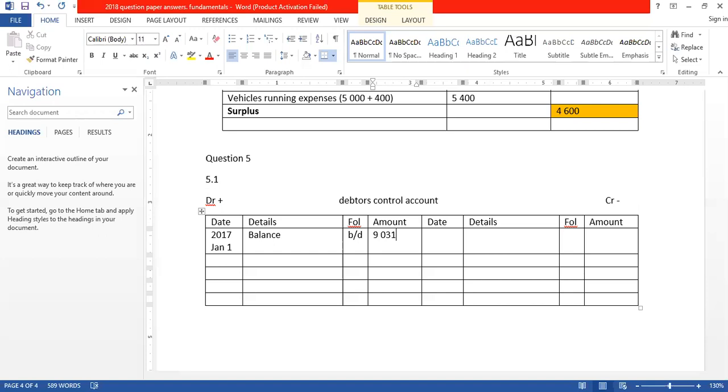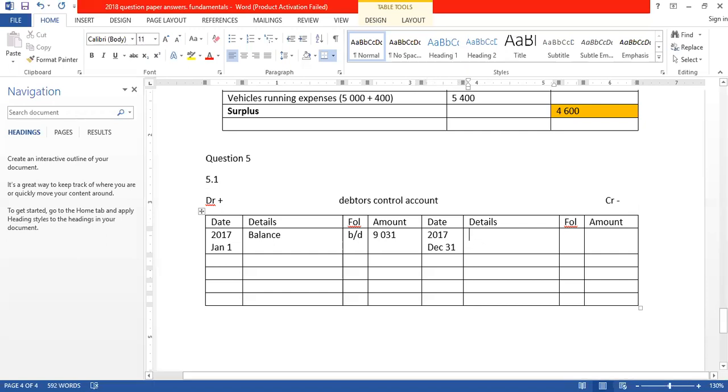So checks received from debtors amounted to 37,936. We said that a transaction that decreases our debtors is recorded on the credit side. And in this case, these are the rest of the information found at the end of the financial period. In other words, they are to be recorded at the end of the financial period. So we have 2017 and our financial period ends on December the 31st.